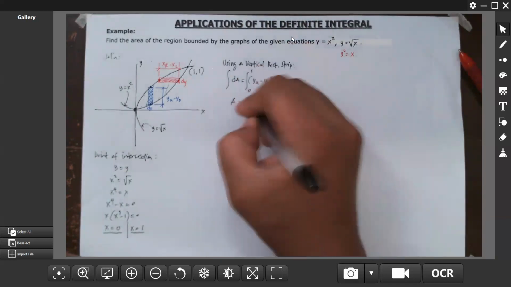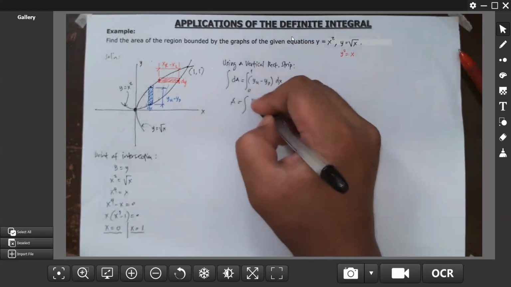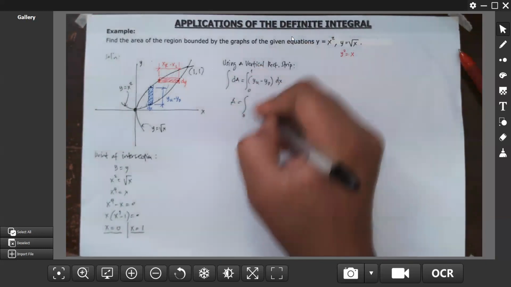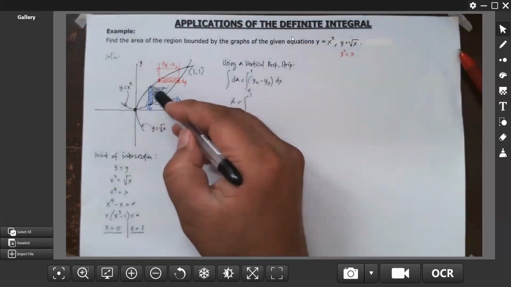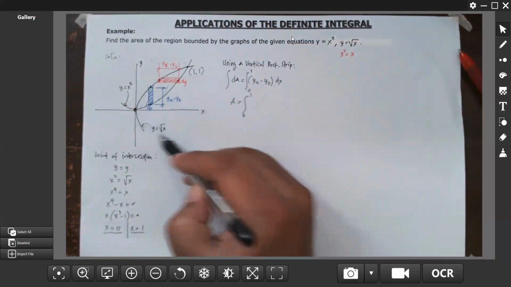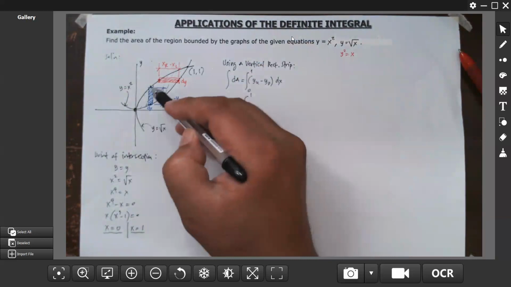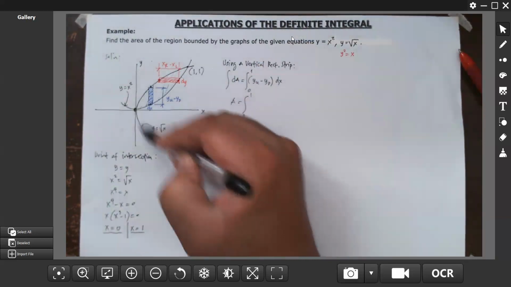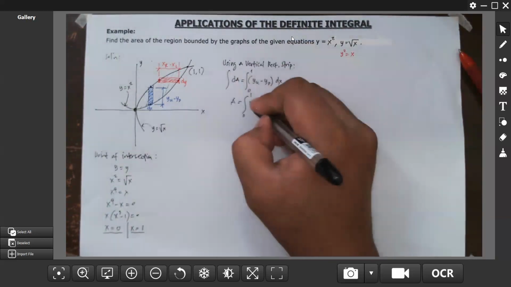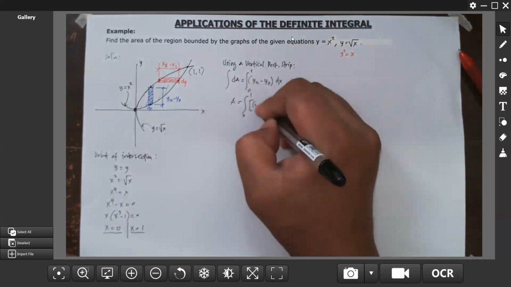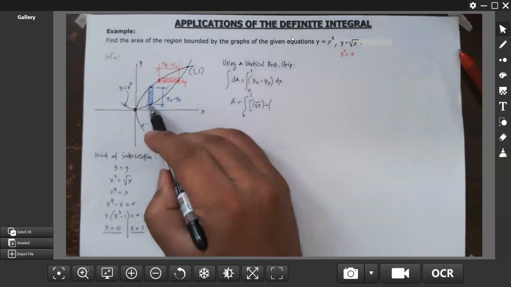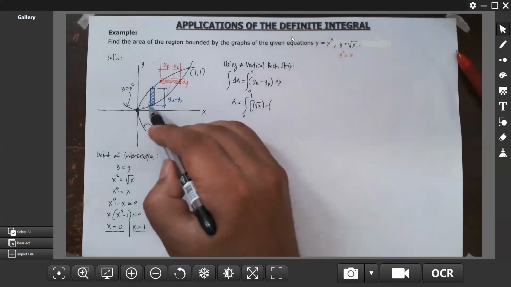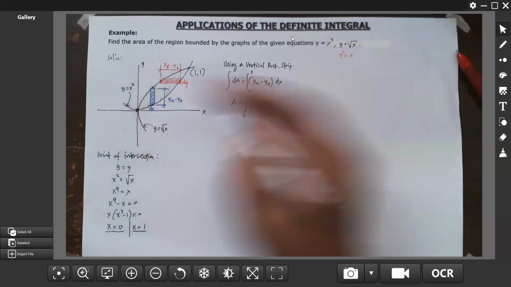So you have A equal to the integral from 0 to 1 of y up. Our up is this one. The equation for y up is the square root of x, minus y down. Our down has this equation, this one, x squared.